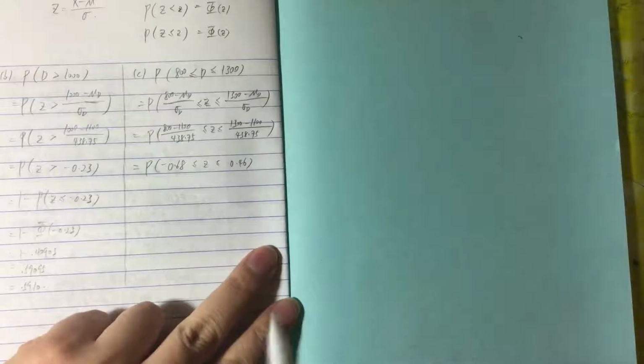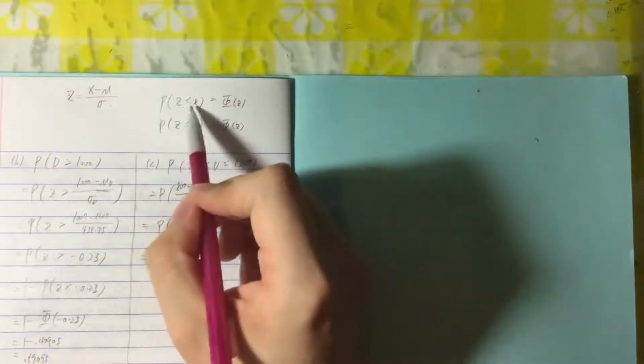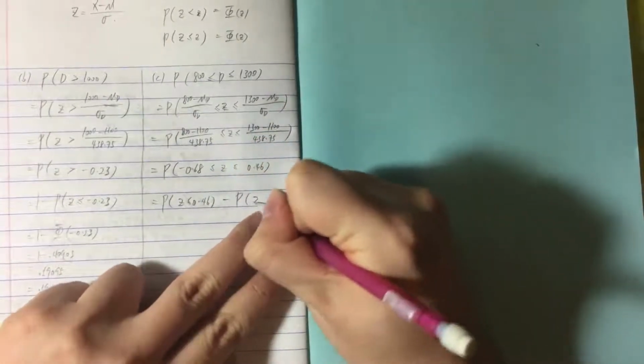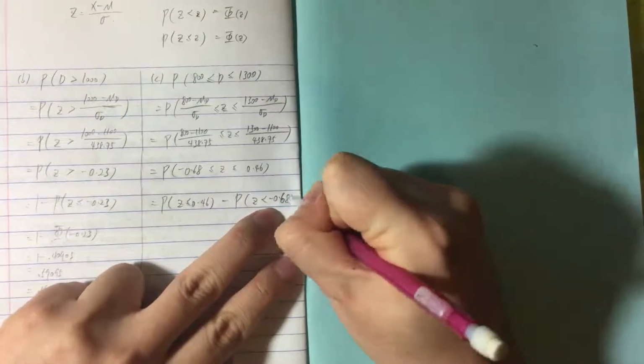Next, we try to use the standard normal CDF, the table of the standard normal CDF to find the probabilities. That means I need to rewrite probability in the form of probability that Z less than some number or Z less or equal to some number. This probability can be rewritten as probability that Z less or equal to 0.46 minus probability that Z is less than negative 0.68.